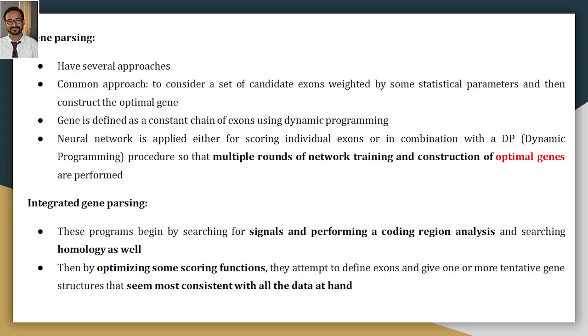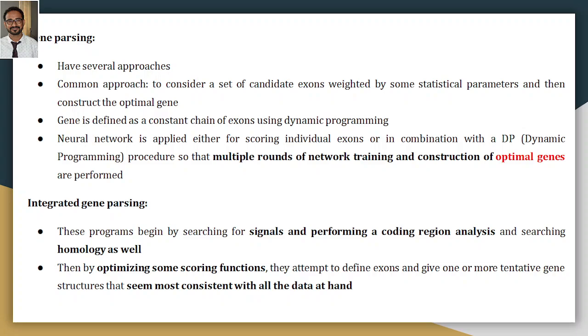Now the neural network is one of the highly complicated networks in deep learning and machine learning, applied for scoring individual exons, because a huge amount of data will be there. For that, the best fit model is a neural network.